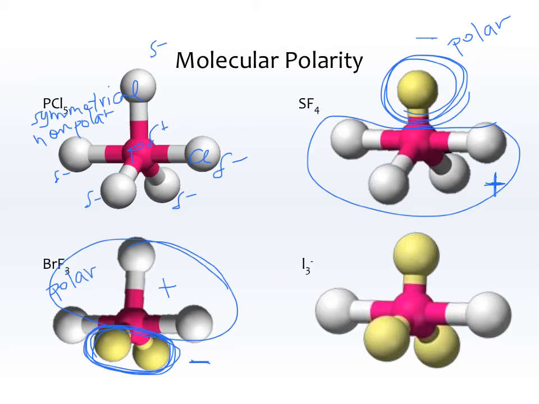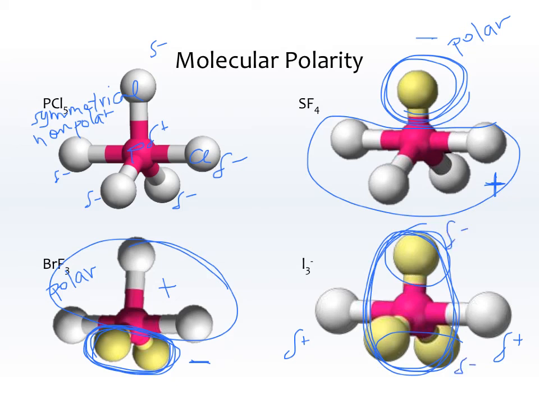And here's where it gets tricky. I3- has lone pairs. But what you should see about these lone pairs is that they themselves are symmetrical and centered on the molecule. We have partially positives with the atoms on the outside and partially negatives with the electrons in the middle, and all the partially positives and partially negatives cancel out.